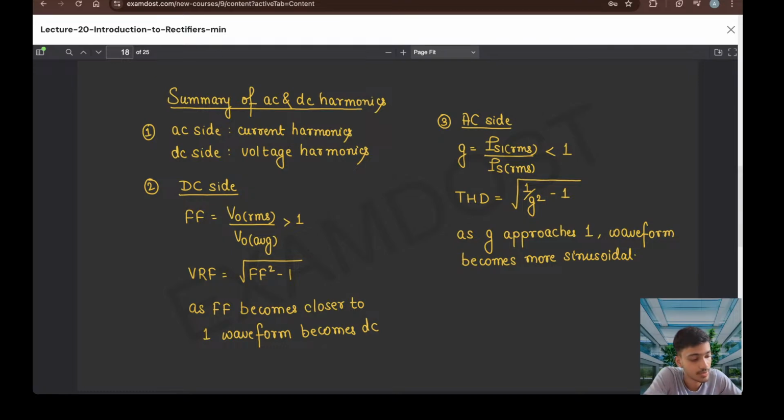The voltage ripple factor would be the square root of form factor squared minus 1. As the form factor becomes closer to 1, the waveform becomes DC, which is the most desirable waveform, and VRF becomes 0.